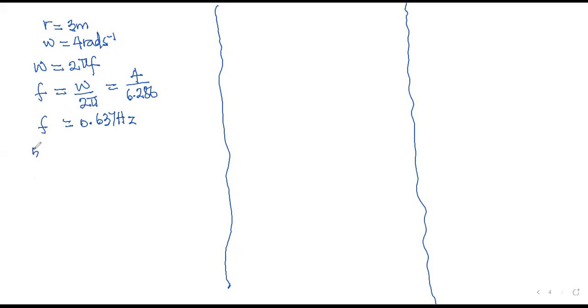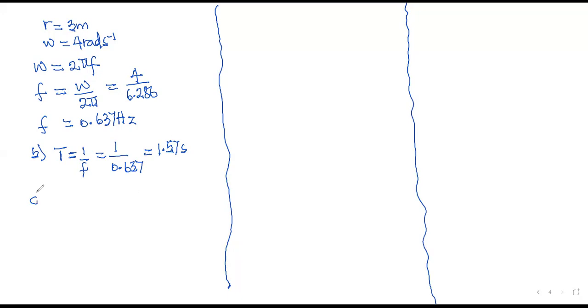B, the period of rotation. Once I have the frequency, period is just 1 on F. Therefore, 1 divided by 0.637, which would give us 1.57 seconds.